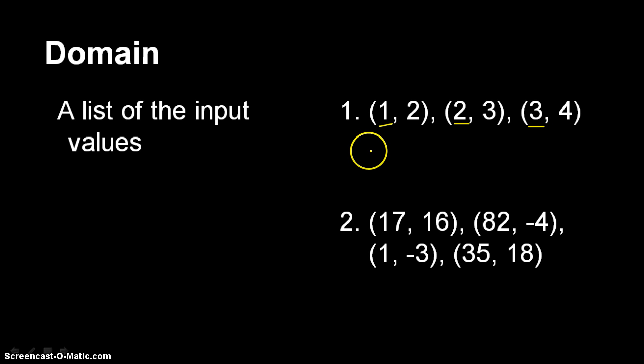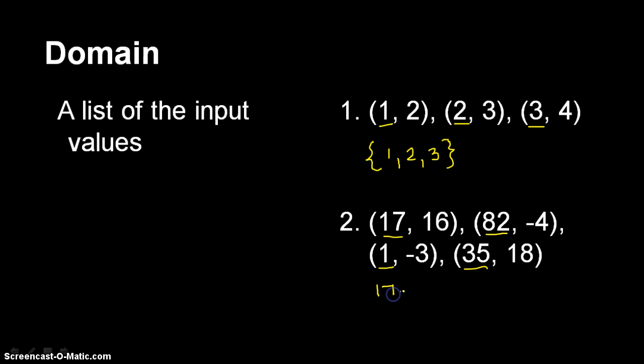Since domain is a list of the inputs, it would be written as this: 1, 2, and 3. In example 2, it's the same process. The inputs are the x values, which is the first part of the ordered pair. If you were to list the domain, you would need to list the inputs.